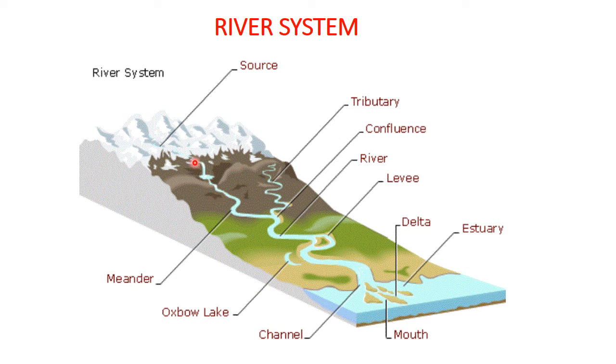In the middle course, you can see tributaries joining the main river, okay. And then the river starts to meander, it starts to bend and curve, okay. And when it enters the lower course, we see formations like oxbow lakes, levees, deltas, distributaries or channels, estuaries, okay. And finally it meets the sea, which is the end of the journey of the river, which is called the mouth of the river.